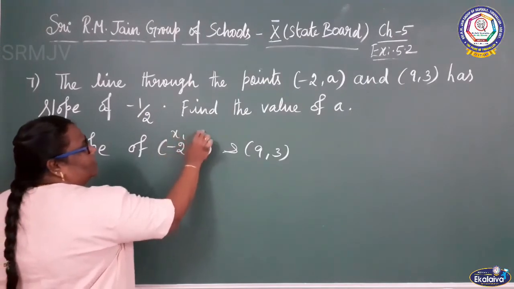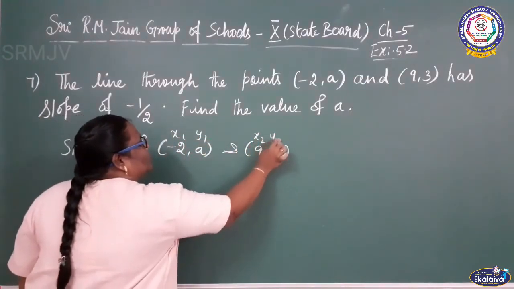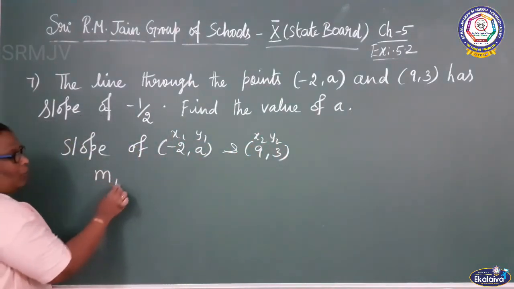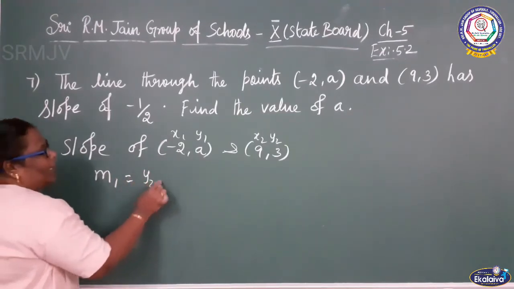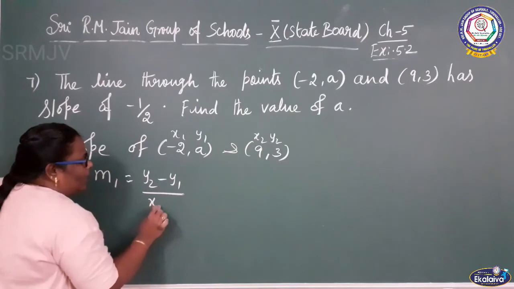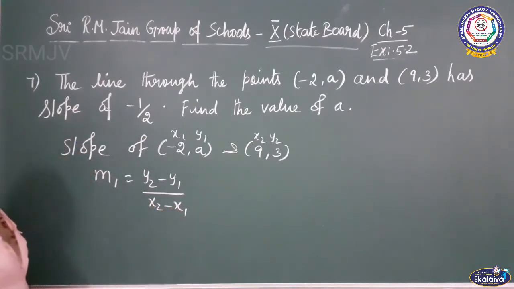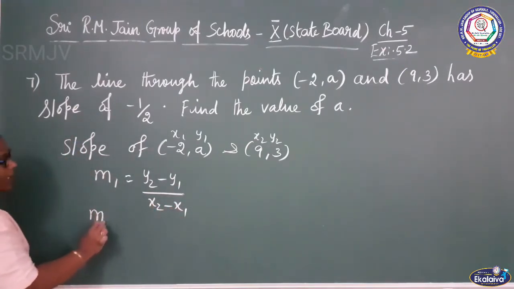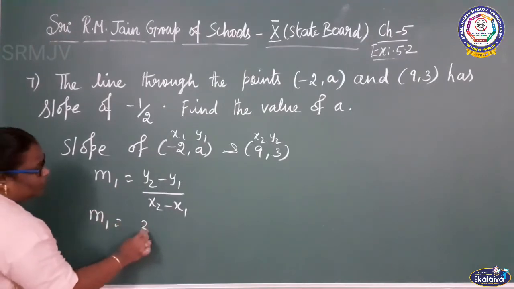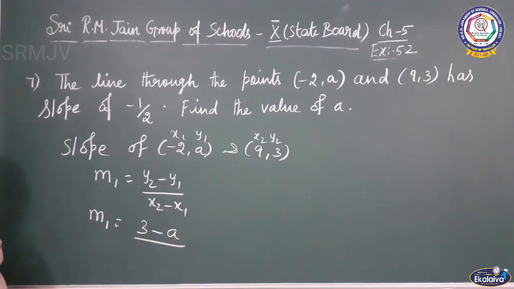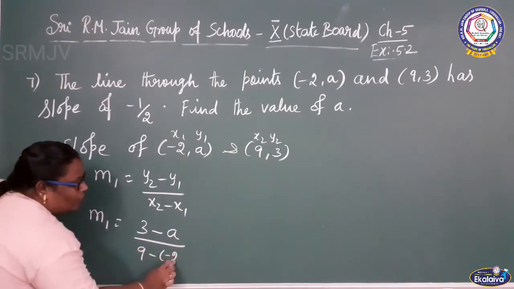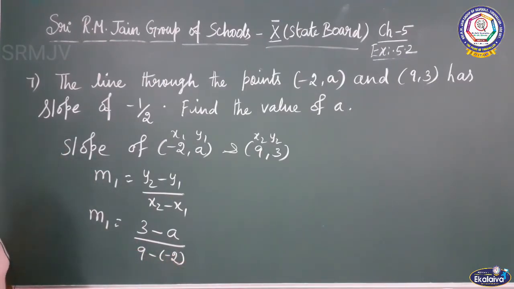This is x1, this is y1 and this is x2 and this is y2. You can take m1 equals, what is the formula? y2 minus y1 by x2 minus x1. m1 equals y2, 3 minus y1, which is A, by x2, which is 9 minus of minus 2.